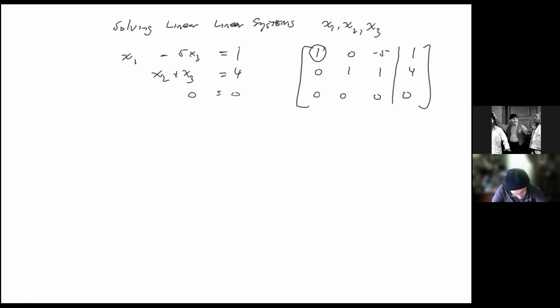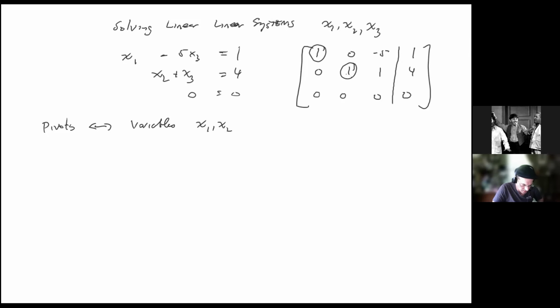There are 2 pivots in this matrix, and the 2 pivots correspond to the variables x1 and x2, because this corresponds to 1 times x1, and this corresponds to 1 times x2 when you write out the equation.